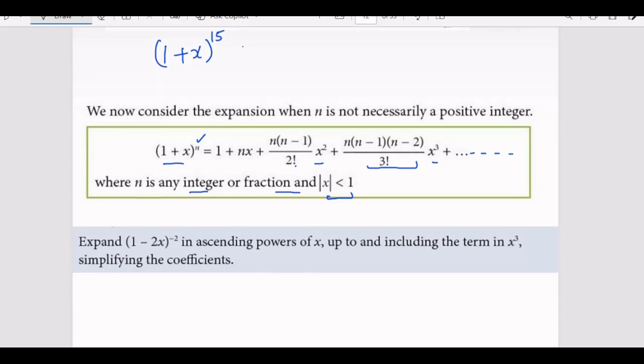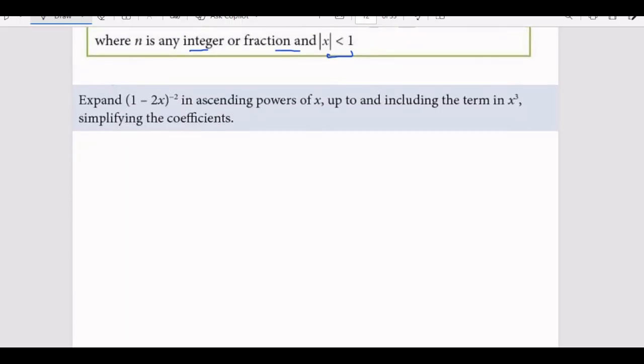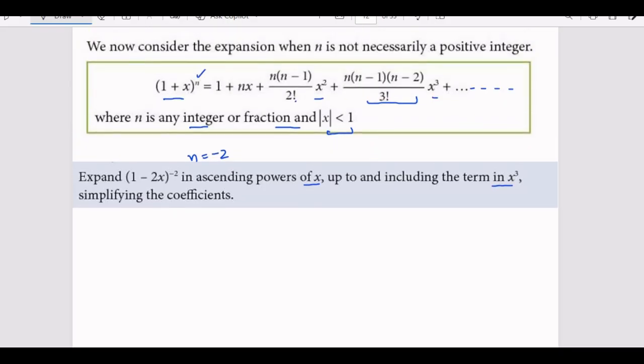Now let's use this in an example: expand 1 minus 2x to the power negative 2, where n is a negative number, in ascending powers of x up to and including the term in x cubed. Simplify the coefficients. We will use the same rule, 1 plus x to the power n. So I'm writing 1 minus 2x to the power negative 2.